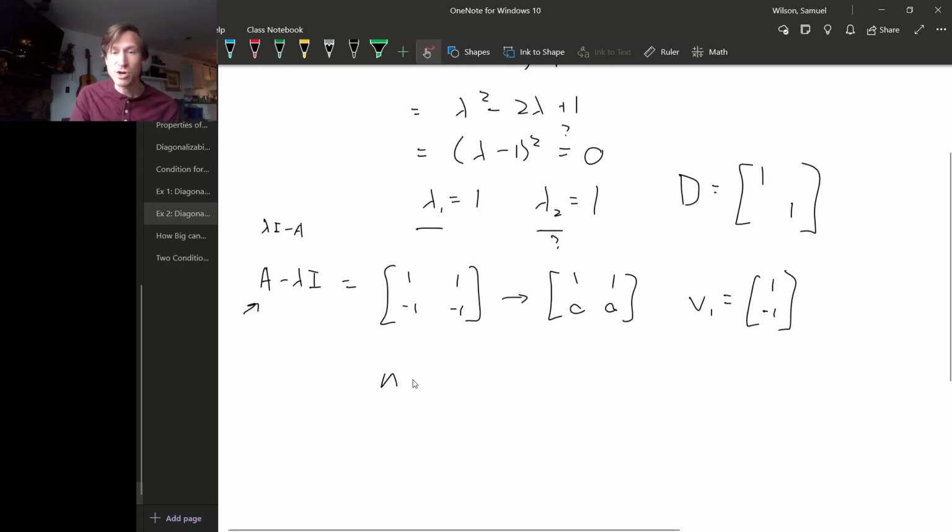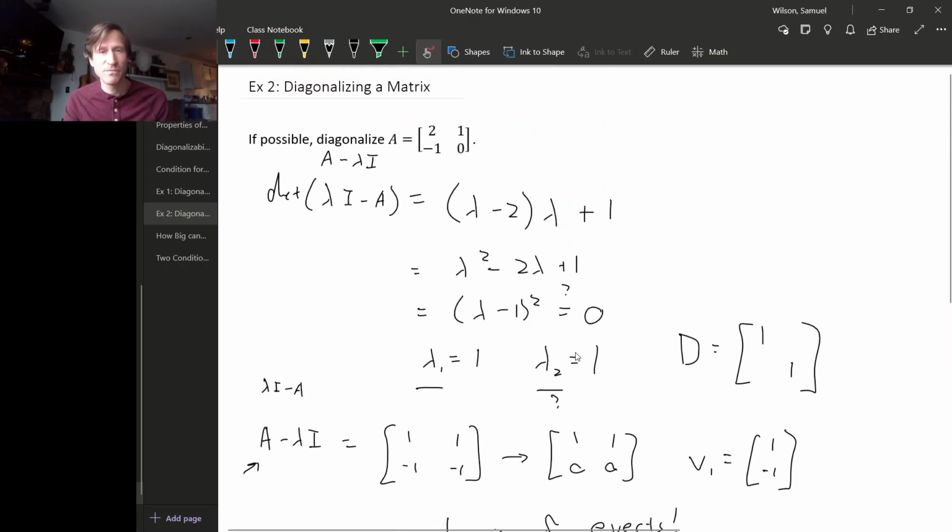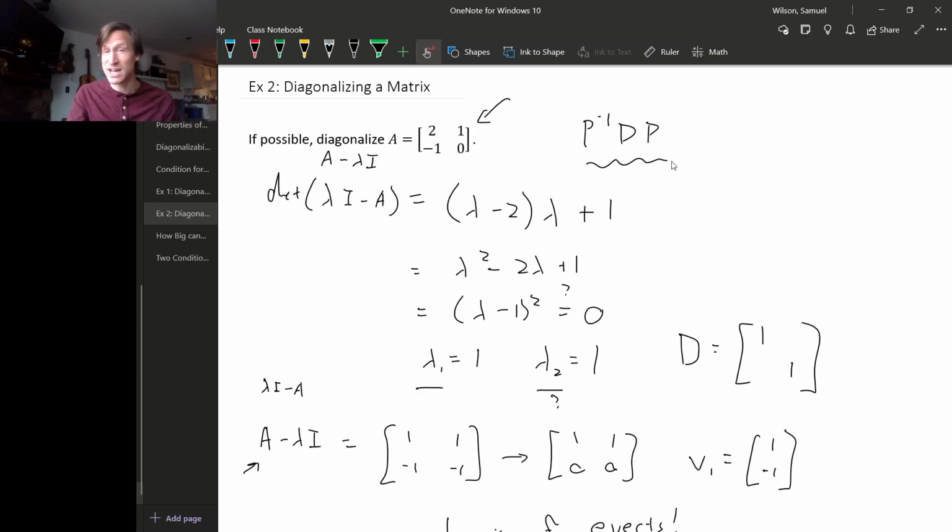So we don't have a basis of eigenvectors. For this matrix A, there is not a basis of eigenvectors, and so it is impossible to diagonalize this matrix. We cannot write this matrix as similar to a diagonal matrix.